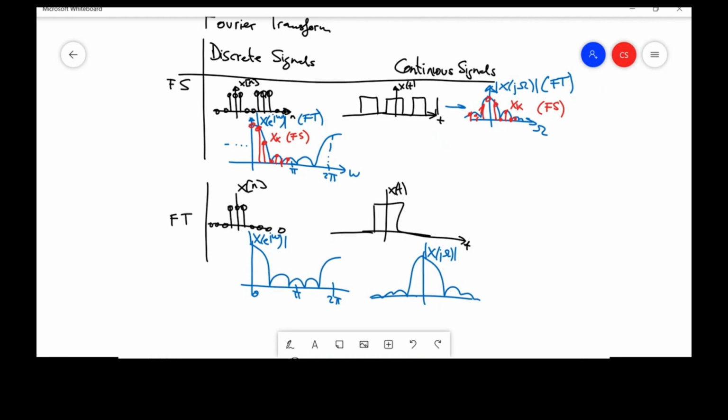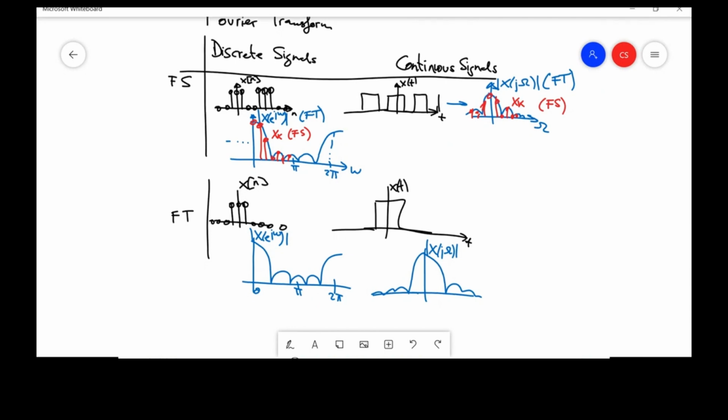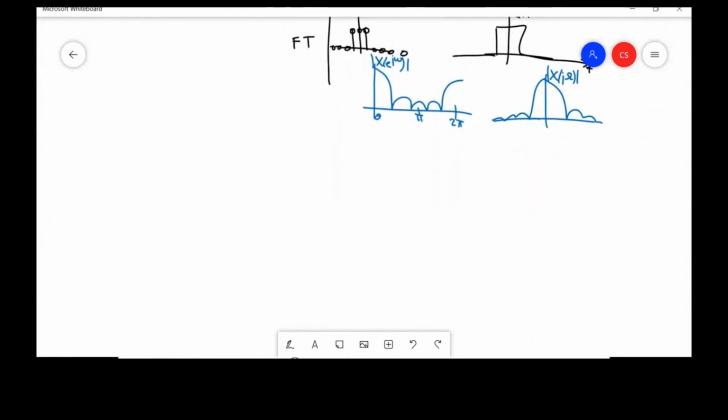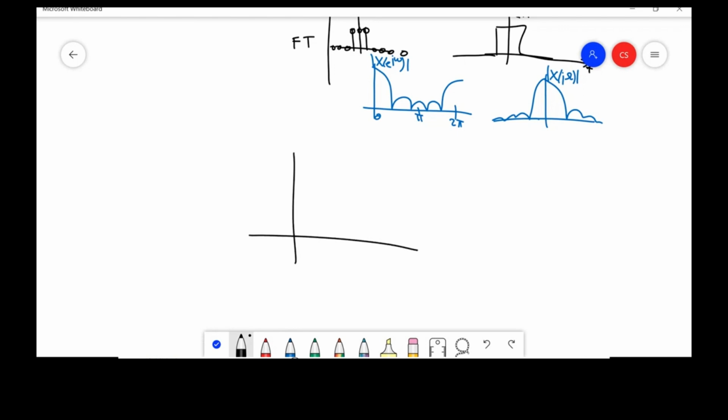Okay, so let's go further. What does the Fourier transform tell you? Let's do it with the Fourier series, which is a bit simpler to visualize. Let's say that you have a signal that is like this. So this is my signal.